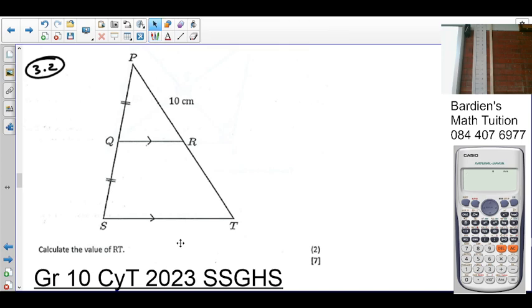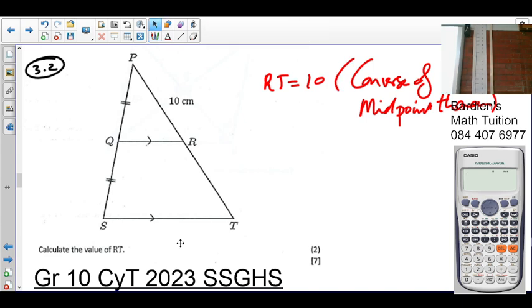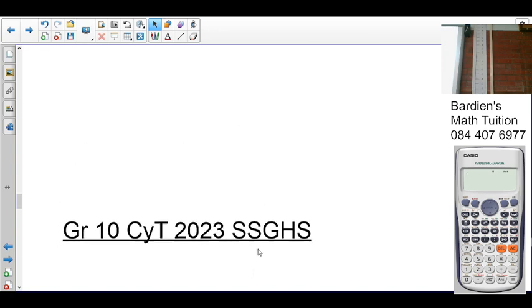Calculate the value of RT for 2 marks. People, RT is definitely equal to 10. Why? The converse of the midpoint theorem. Okay, that's a 2 mark giveaway, no? I'm upset to give you so much, make it so easy for you, no?